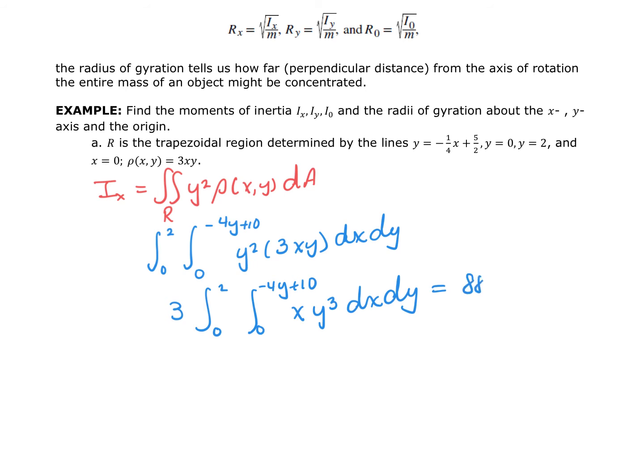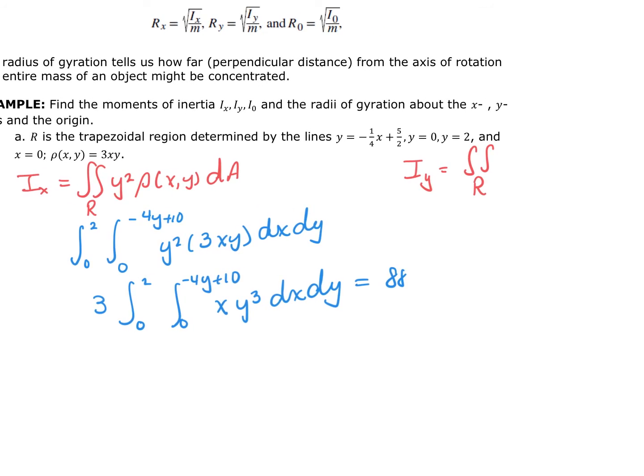Now I have to do the same thing for my moment of inertia with respect to y, which is again the integration over my region of x squared rho xy dA. Surprise, surprise, my limits are still from 0 to 2, and from 0 to negative 4y plus 10.